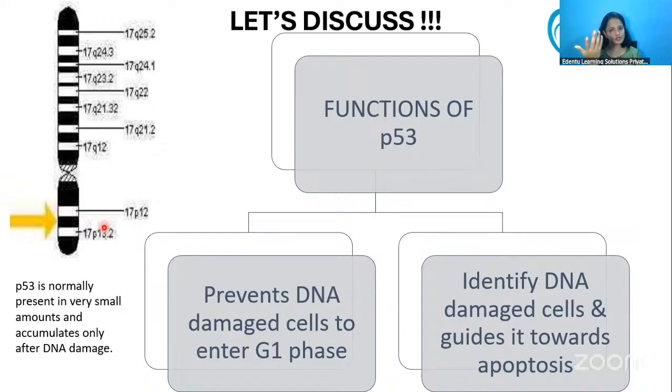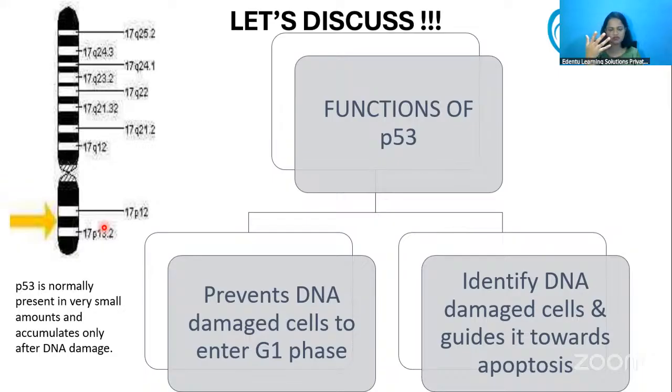If it is able to repair, then P53 will again analyze it and ask the cell to continue the process. It will not stop it. It will ask the cell to continue like in the previous ways. So that is one function of P53.